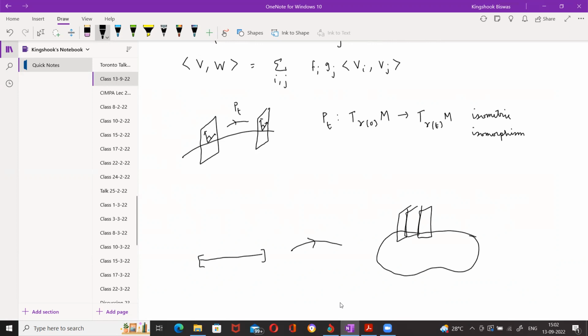Tangent space here, tangent space here. So the tangent bundle is a vector bundle over my manifold, right? And now I have a curve in the manifold. So this is the image of gamma. So what I'm doing is I'm looking at the tangent spaces along the points in the curve, right?